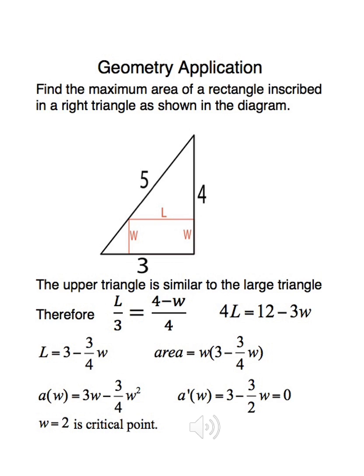Now, if we want to solve for L, we can cross multiply and get 4L equals 3 times (4 minus W), which is 12 minus 3W.